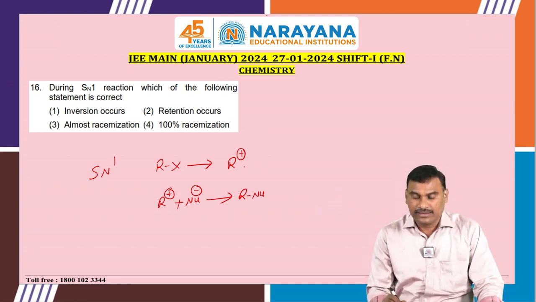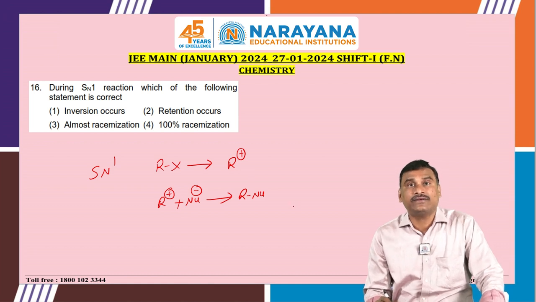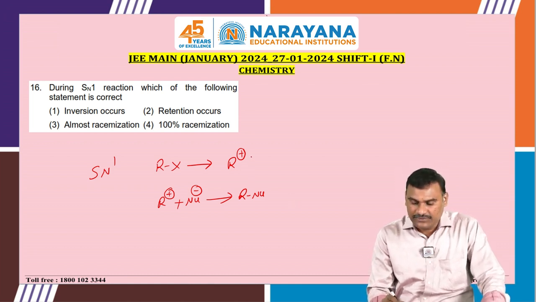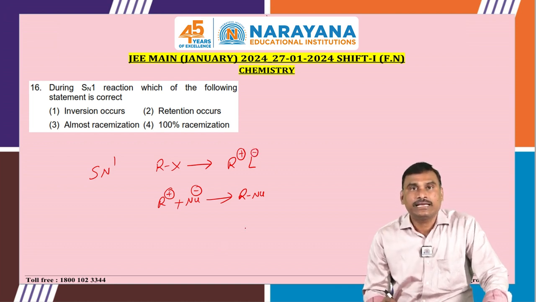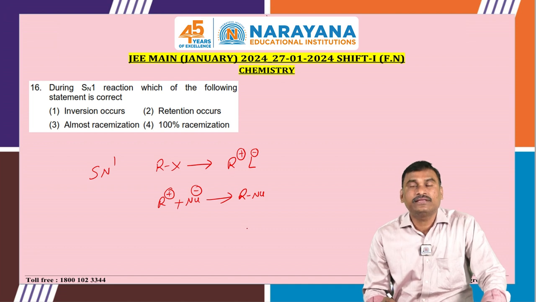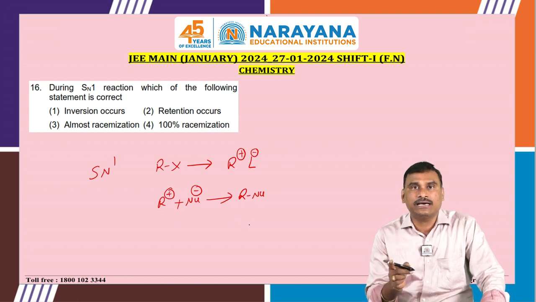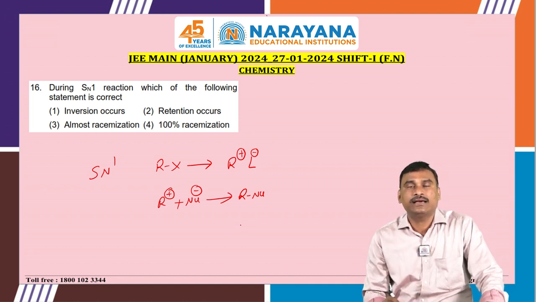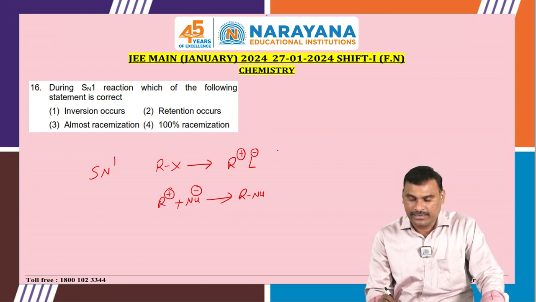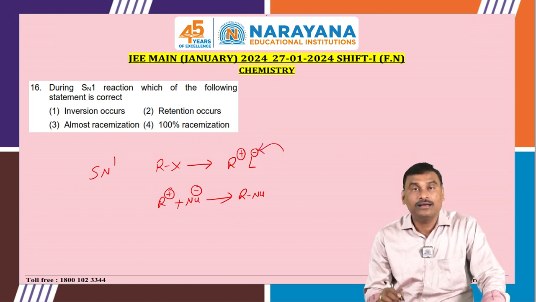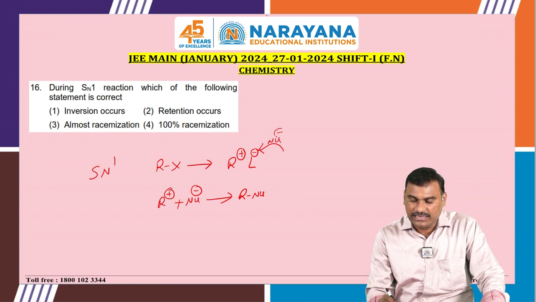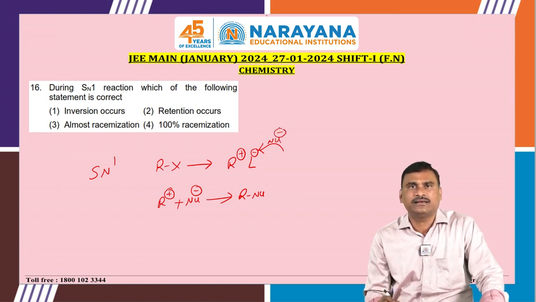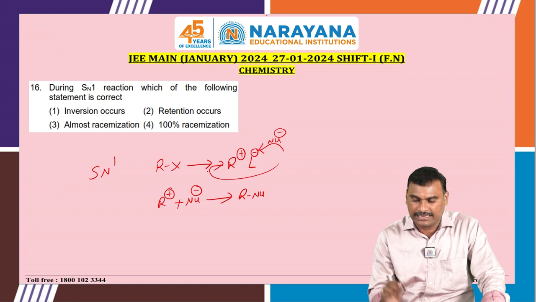But if the carbocation is not stable enough, it always forms an intimate ion pair with the leaving group. Therefore, even after cleavage, the leaving group is paired with the carbocation and forms an intimate ion pair, which will repel the nucleophile from the front side attack somewhat, compared to the back side attack.